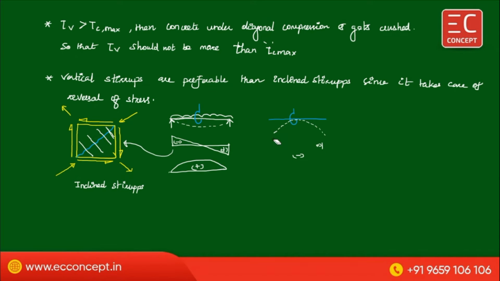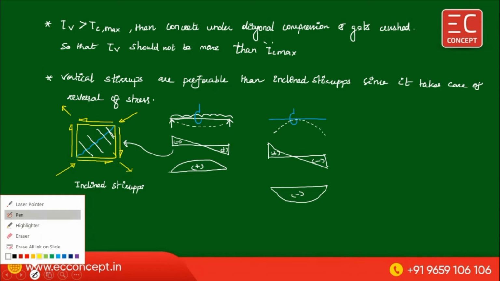Okay, let me draw somewhat big. Now the shearing stress is changed. This is positive. Initially it was negative. Now this is negative. Initially it was positive. And the bending moment initially is positive, but is now negative. So because of this reason, the shear stress is getting changed.